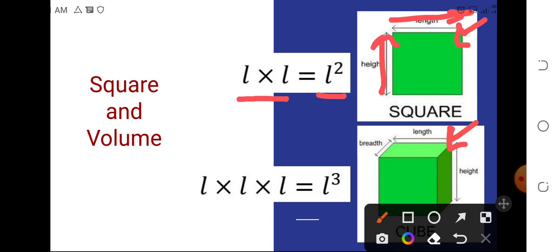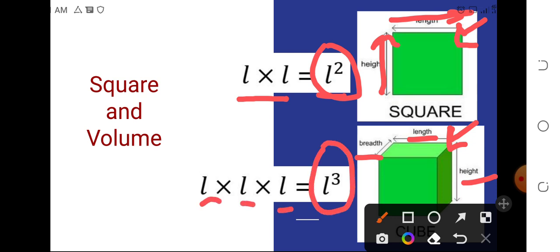To find the area, we must multiply two sides, two lengths of a square, which is L square, and we must multiply three dimensions of a cube to find its volume. L into L into L equals L cube.